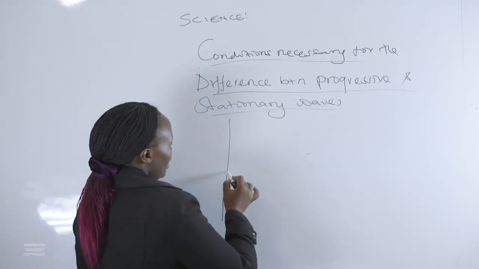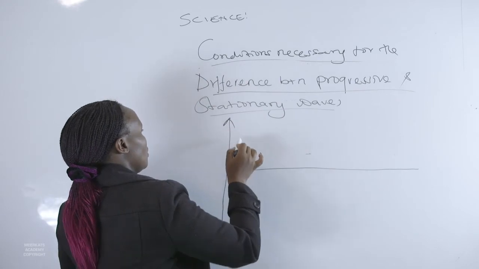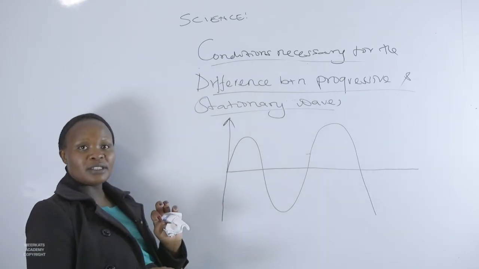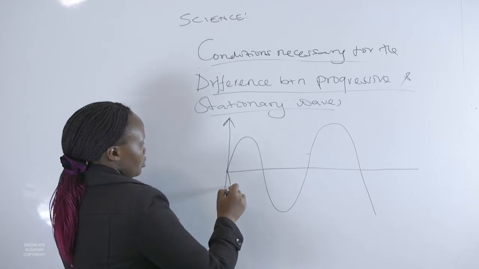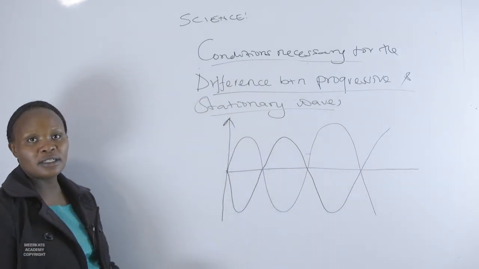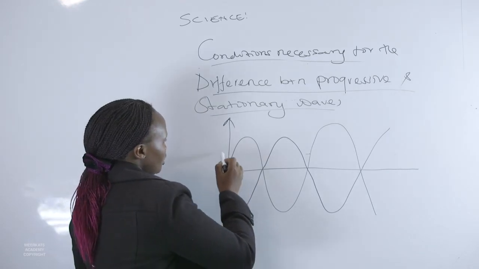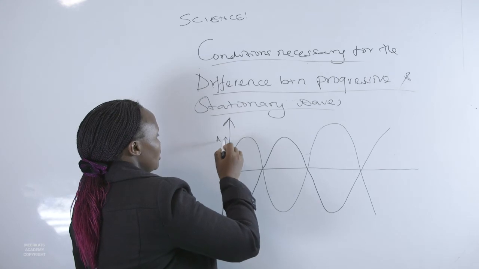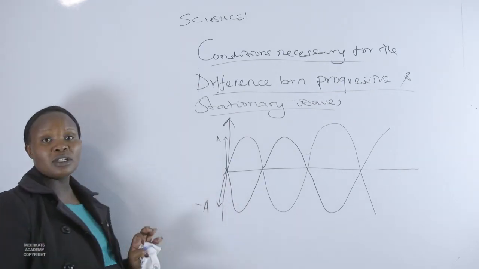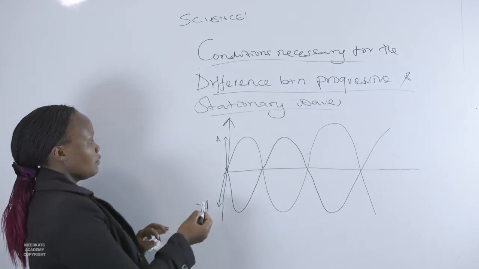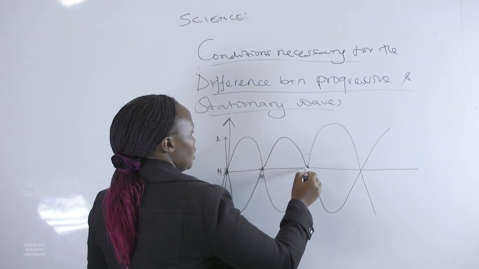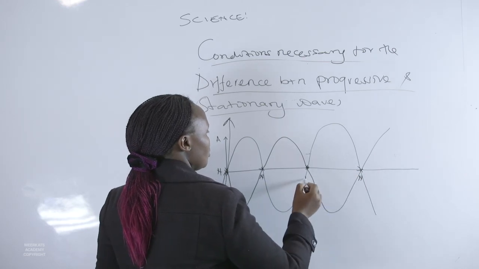Therefore, you cannot claim that a wave is stationary unless you have two waves of the same characteristics, and you superimpose them on each other so that one is the negative of the other, or one is a mirror reflection of the other, forming a series of nodes, and these are points of zero displacement.